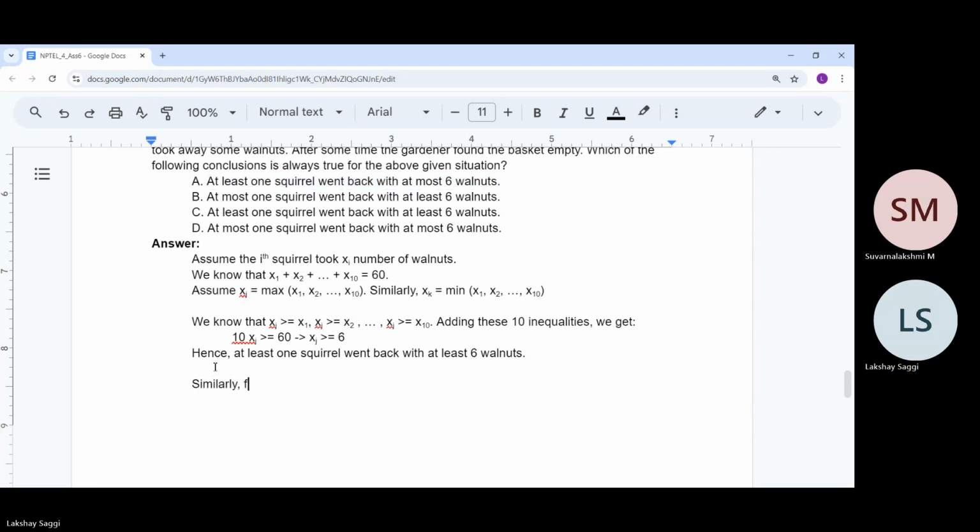Similarly, we get xk is less than or equal to 6, and hence at least one squirrel went back with at most 6 walnuts.